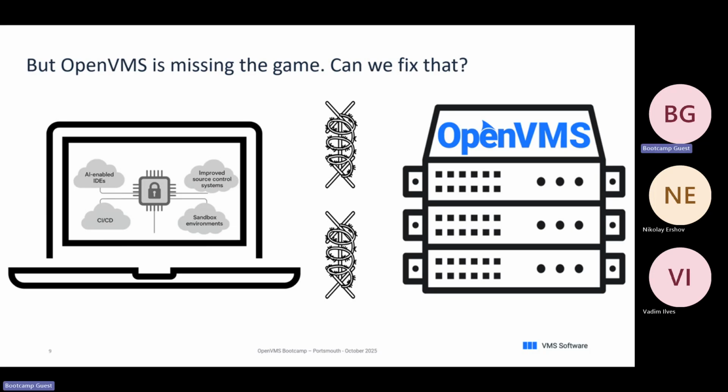this is the situation we're in right now. On the right-hand side, we have this great OpenVMS box with all great tools and compilers. But on the left-hand side, we have all this modern environment. But unfortunately, they're disconnected. A couple of years ago, we introduced VMS IDE. It didn't take off. And we know why.